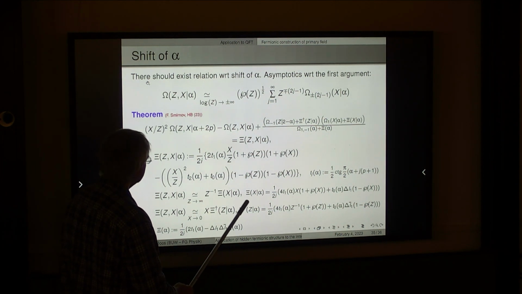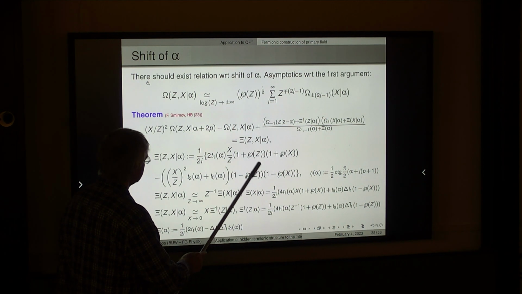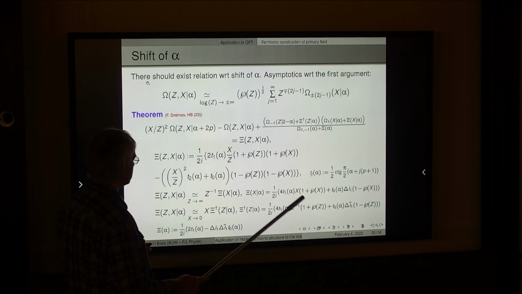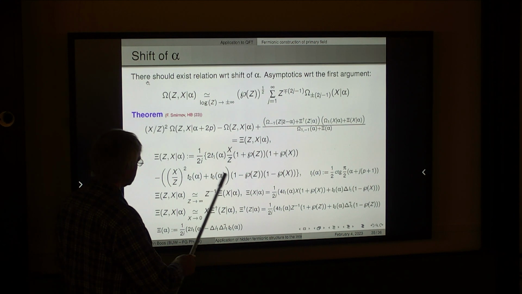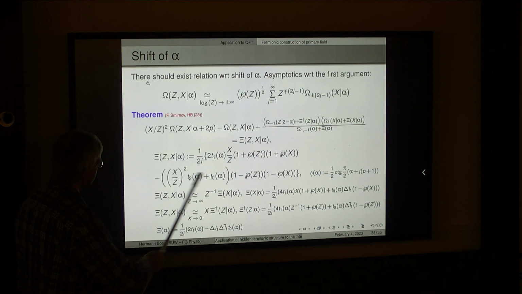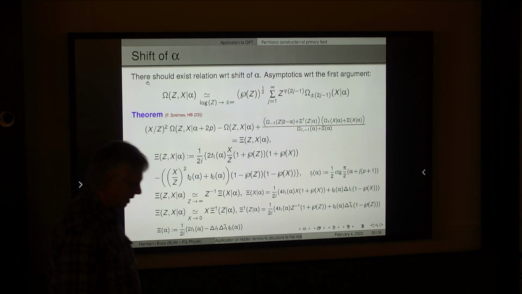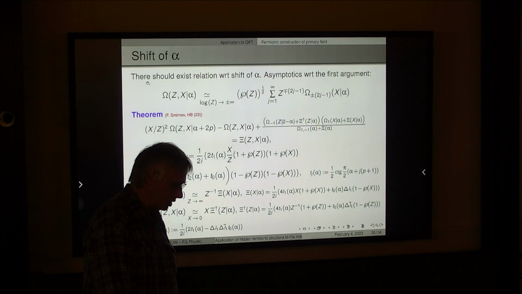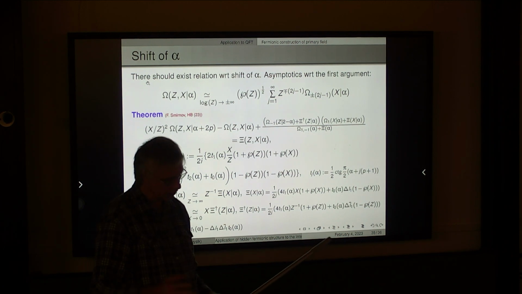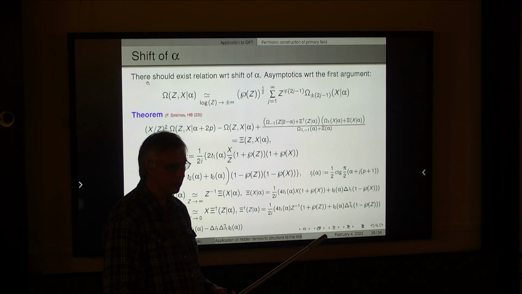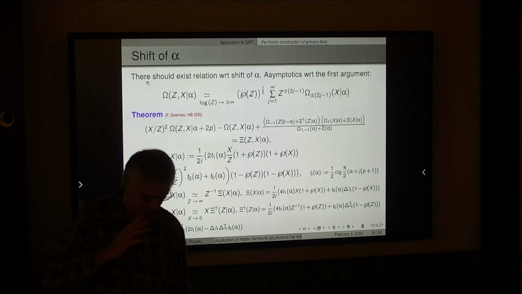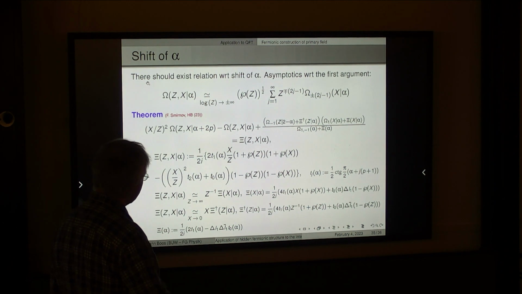And actually in the case when rho is 1, for example, there are some simplifications that happen. For example, this term is 0. And we come to the identity which was established in one of the papers by Zubovic and Fedya, I think around 2011.